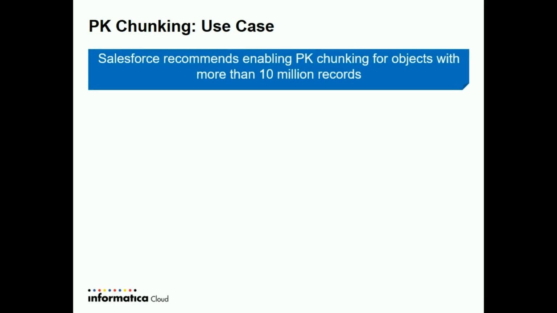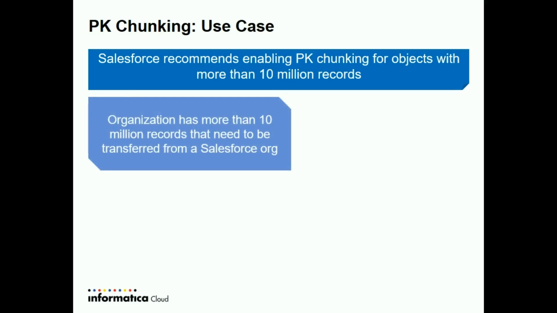So when should you use PK chunking? Salesforce recommends that you enable PK chunking for objects that have more than 10 million records. A typical use case could be, let's say that an organization has more than 10 million records which need to be transferred from a Salesforce org to their on-premise database tables.